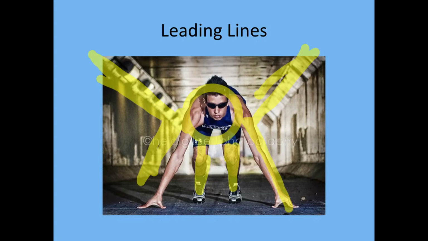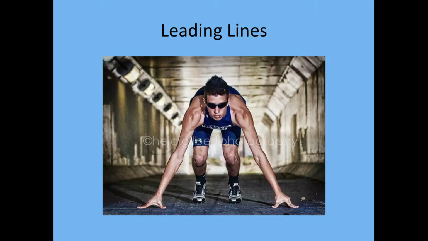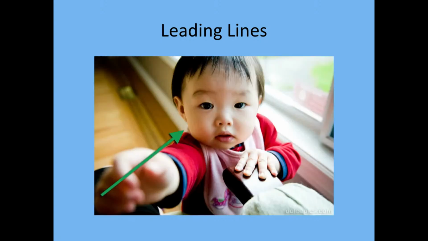So all these lines are pushing your focus into that specific area. Very neat. And how about this one? Obviously, we have the arrow drawing your eyes to the eyes. So you can use that as a leading line. The arm is a natural leading line.